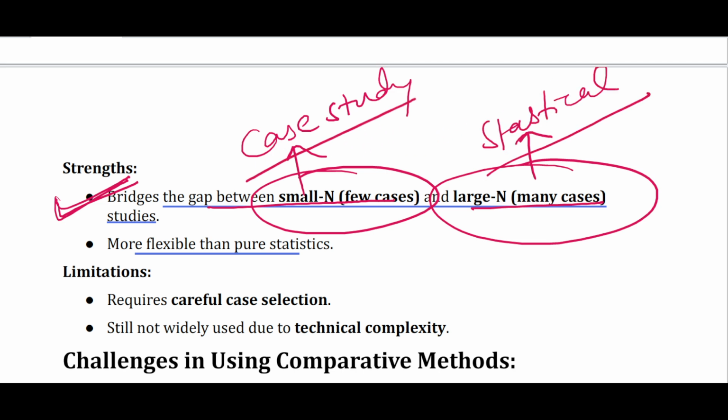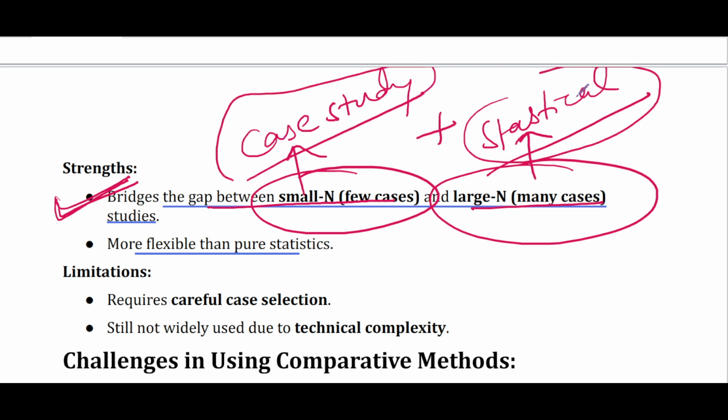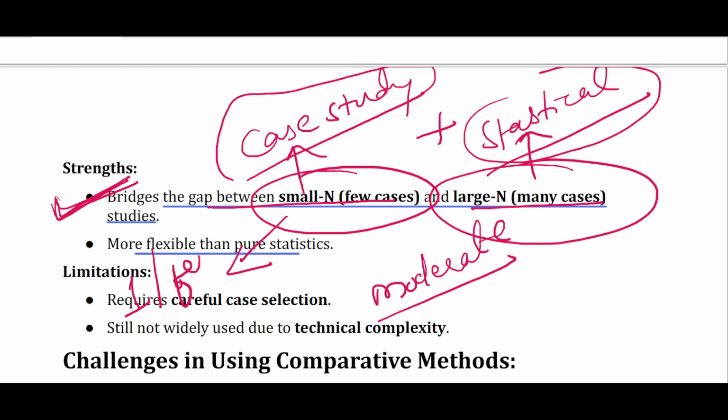So यहाँ पे क्योंकि ये method जो है, it integrates both the methods, the case study method and the statistical method. So first strength is कि moderate number of cases हैं, ना तो केस स्टडी जैसे एक या a few है, और ना ही statistical जैसे 100 और 150 है.